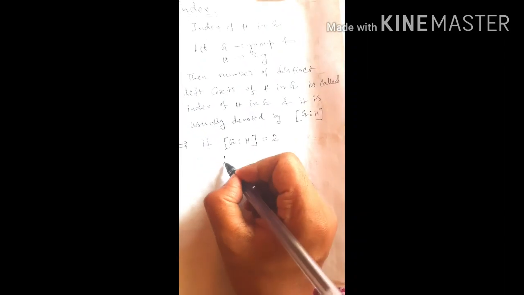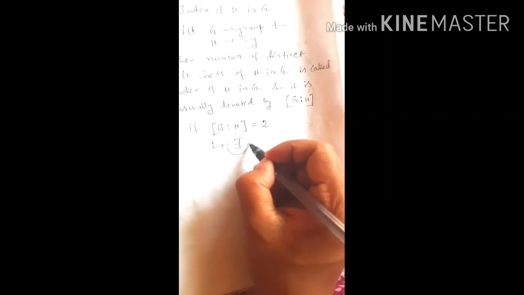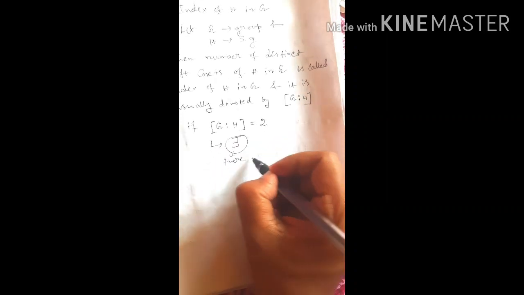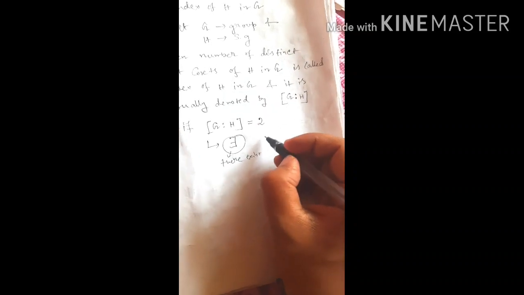If [G : H] equals 2, then it implies that there exist two distinct left cosets of H in G. This is denoted by [G : H] in third brackets.